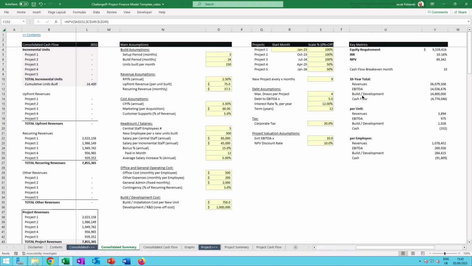Now, having that assumption page in here allows you to very quickly do a bit of a sensitivity analysis. So for example, if you only look at the IRR itself, you can see, okay, well, what would happen if I were to change my interest rate from, for example, 12% to, for instance, 8%? How is that going to influence my, for example, equity requirement and my IRR? You can do exactly the same thing with other inputs. For example, your revenues.